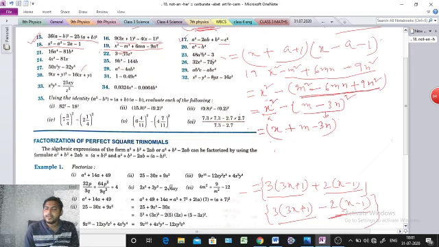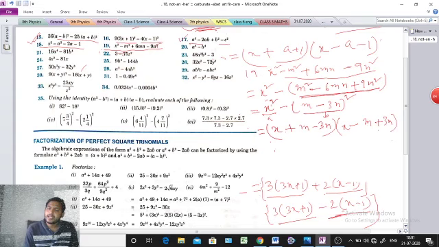Next, a minus b: a means x, minus, b means m minus 3n. Here inside is a minus sign, so that sign will be plus. Why plus? Because outside is a minus sign and inside a minus sign, minus minus will be plus. So it is coming plus 3n. So this is the answer.